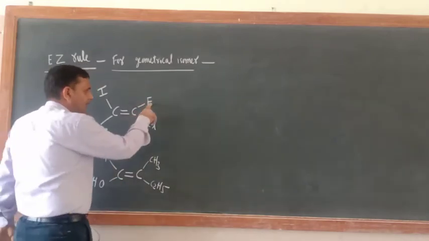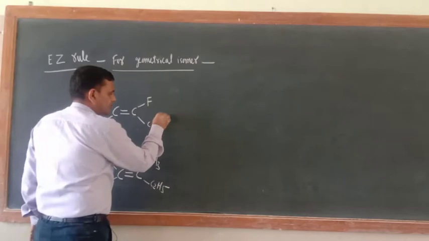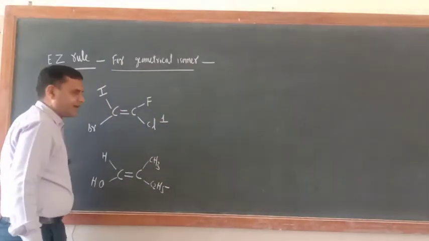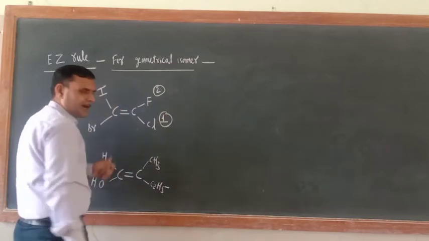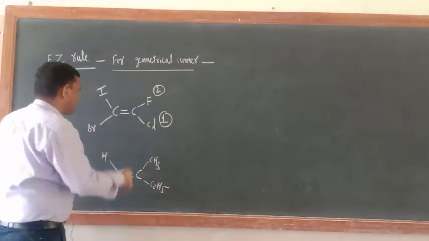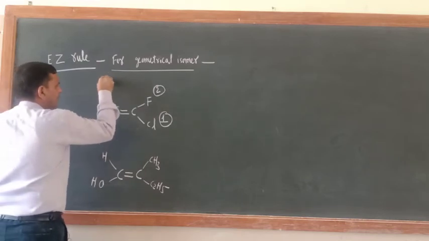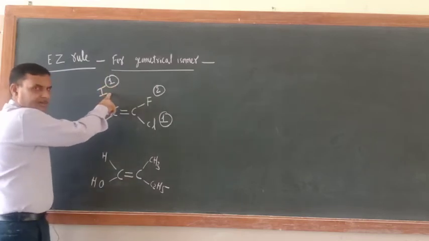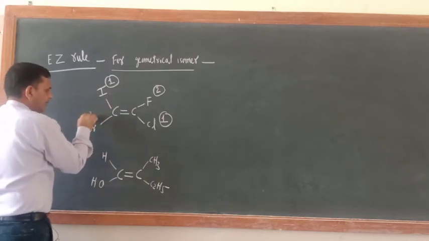Out of F and Cl, whose atomic number is more? Cl. So Cl is first and F is second. This priority is based on atomic number. Now this side, the same thing should happen. Iodine's atomic number is more, so I is 1, then Br second.